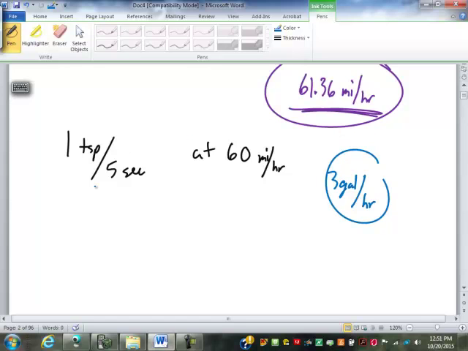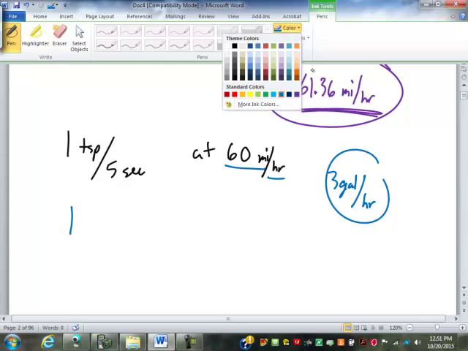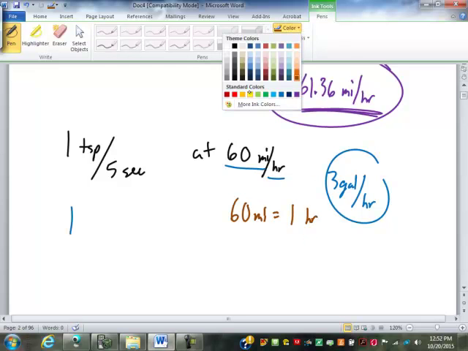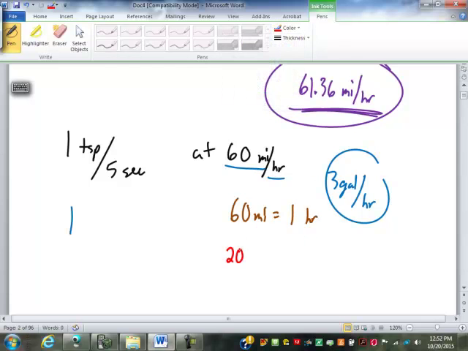Yeah, let's go through this and let's take a look. Where did the 3 gallons an hour come from? That was off of the 60 miles per hour, and I'll show you what I did. I took 60 miles per hour. This can be thought of as 60 miles equals 1 hour, right? And what we said was a rate of 20 miles per gallon would be a good rate.